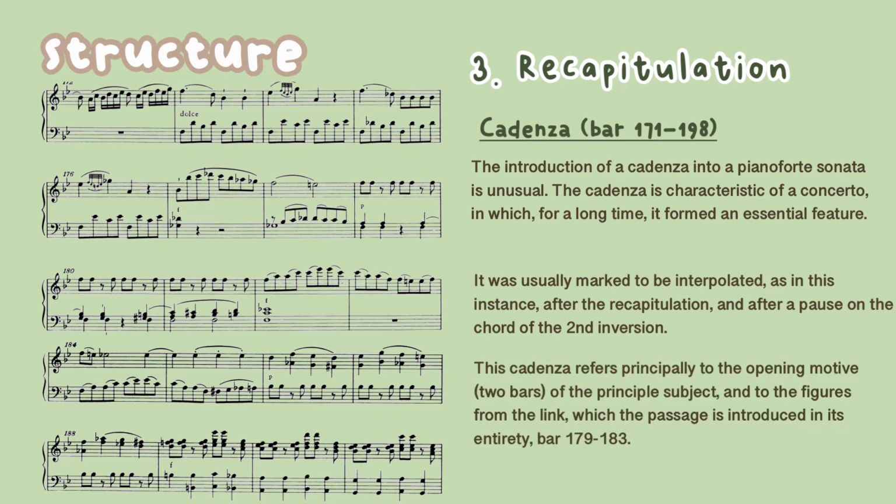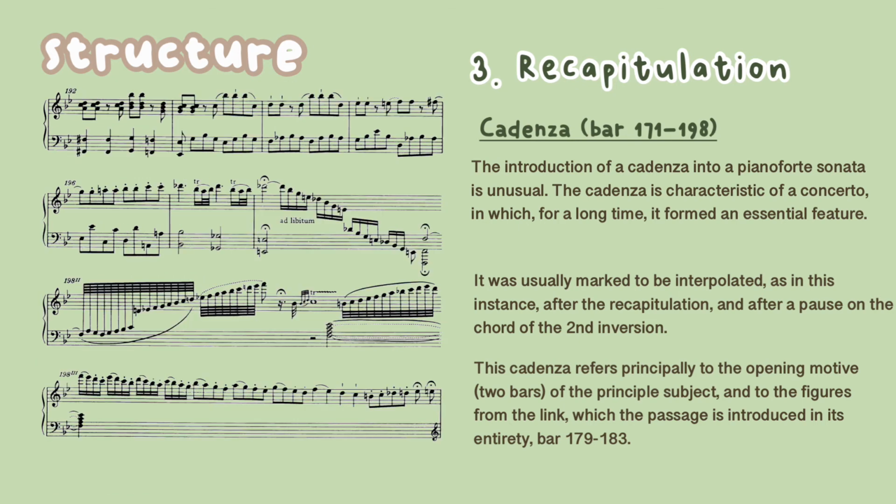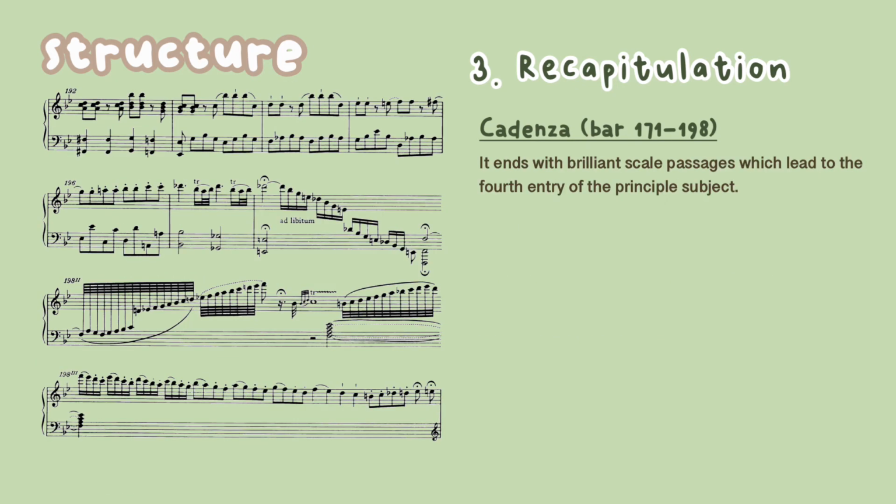This cadenza refers principally to the opening motif of the principal subject and to the figures from the link, which the passage introduces in its entirety, bar 179 to bar 183. It ends with a brilliant scales passage which leads to the fourth entry of the principal subject.